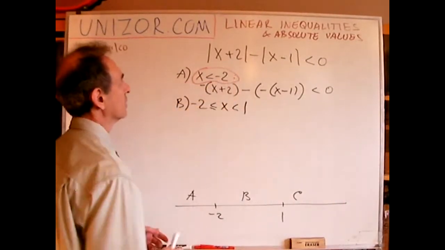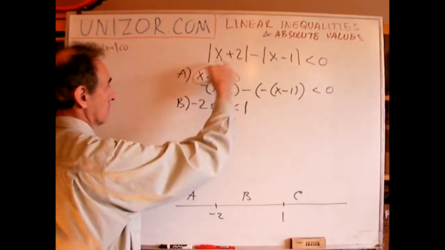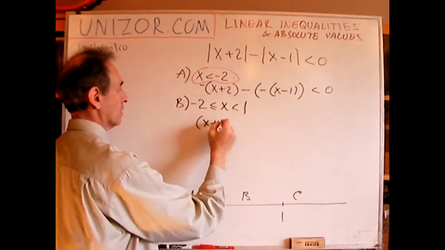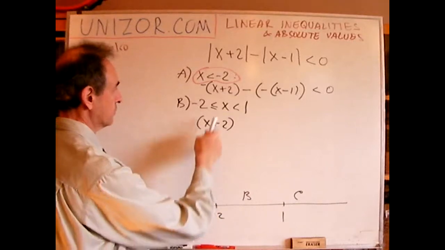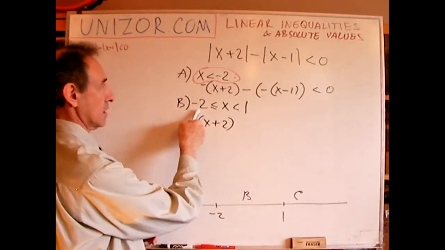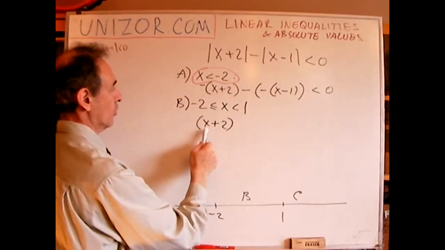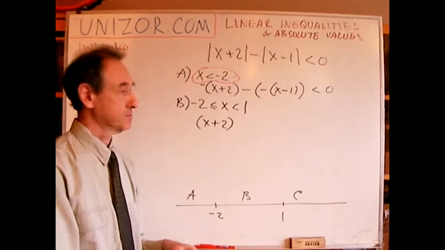And in this particular case, what I can say is that this absolute value should really be like this, because it's positive, right? If x is greater or equal than minus 2, I can replace absolute value of x plus 2 with just x plus 2, because it will be 0 or positive.